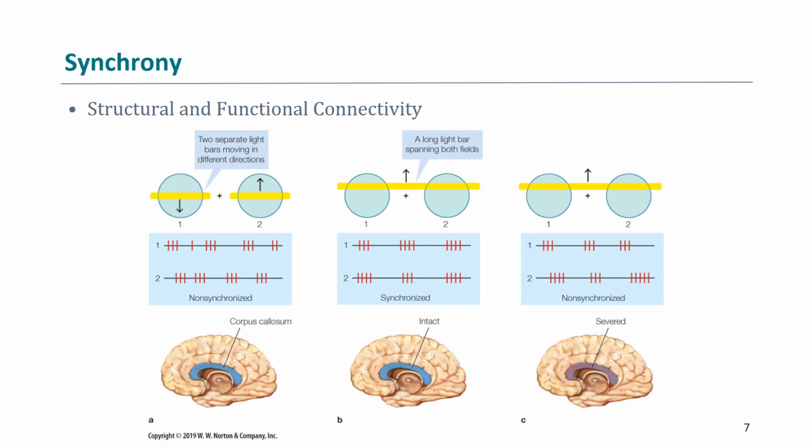The structural and functional connectivity here, as you can see, shows non-synchronized firing, so they do not resemble each other. These are two separate light bars moving in different directions, this one upward, and this is the right visual field and this is the left visual field.